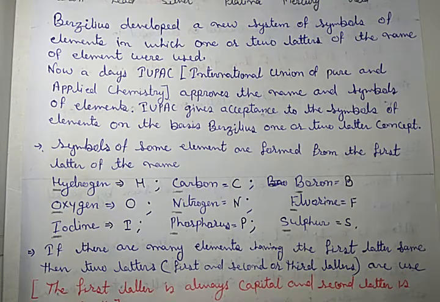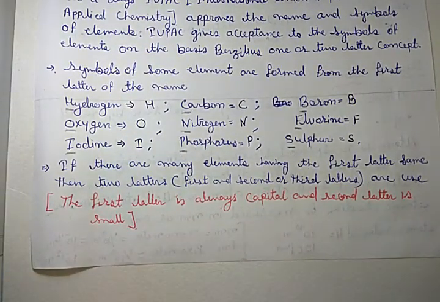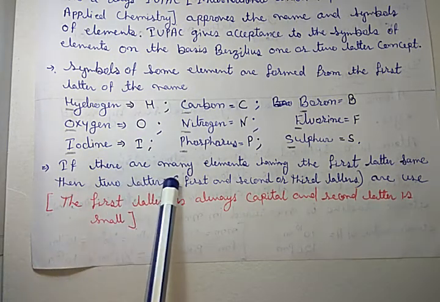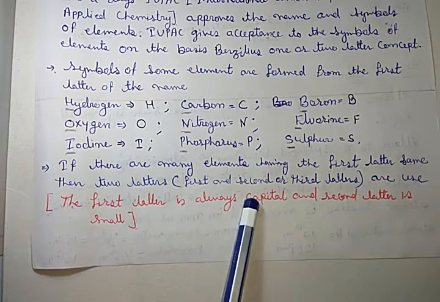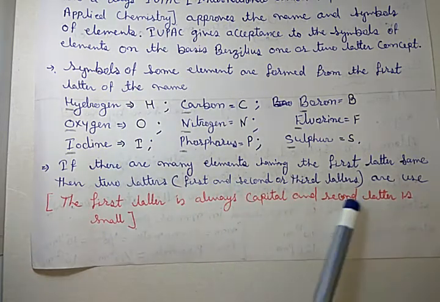To overcome this problem, the two-letter concept is adopted, in which the first letter is the first letter of the name, and the second may be the second, the third, or the fourth. It depends on how much similarity there is between the elements. If many elements have the same first letter, then first and second, or first and third letters are used.